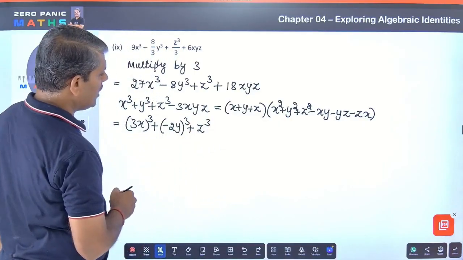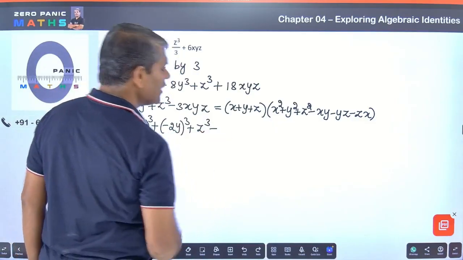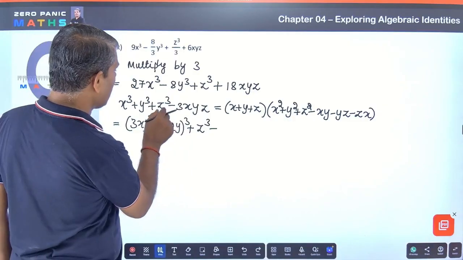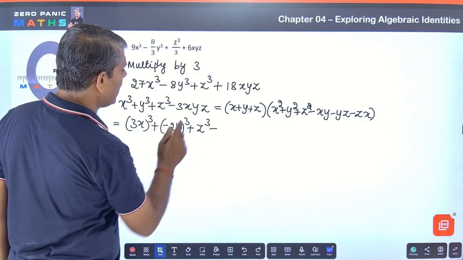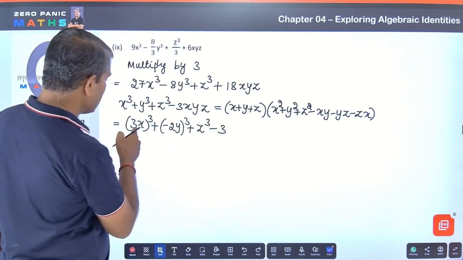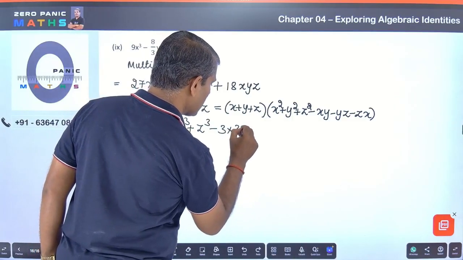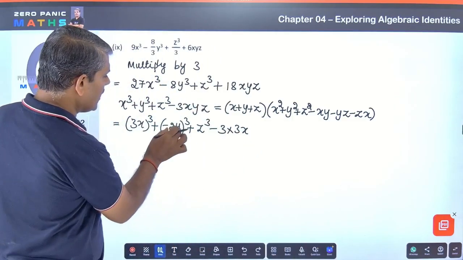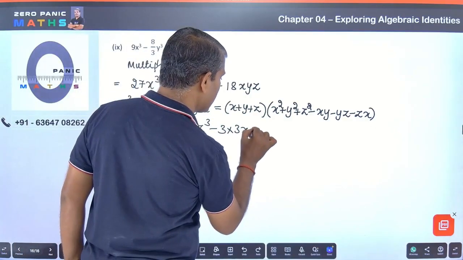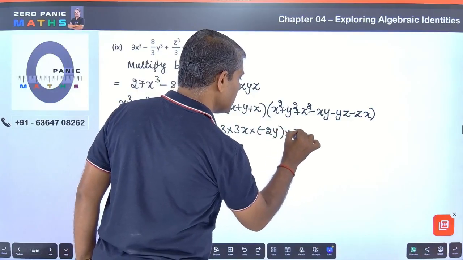And this is z cube for me. Z cube is z cube only. Minus 3xyz. I have to write it as 3xyz. This format I have to write, right? So I will write it as 3. And what is x? X is 3x for me. I will write it as 3x. And what is y? Y is minus 2y, so I will write it as minus 2y, and finally z is z for me.